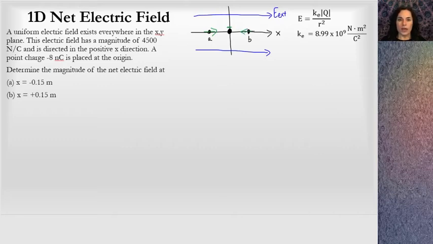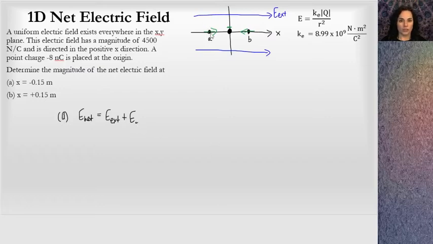When I look at adding these vectors at these two different points, at point A, the E net is going to equal the external electric field, E external, plus the electric field due to the negative charge.